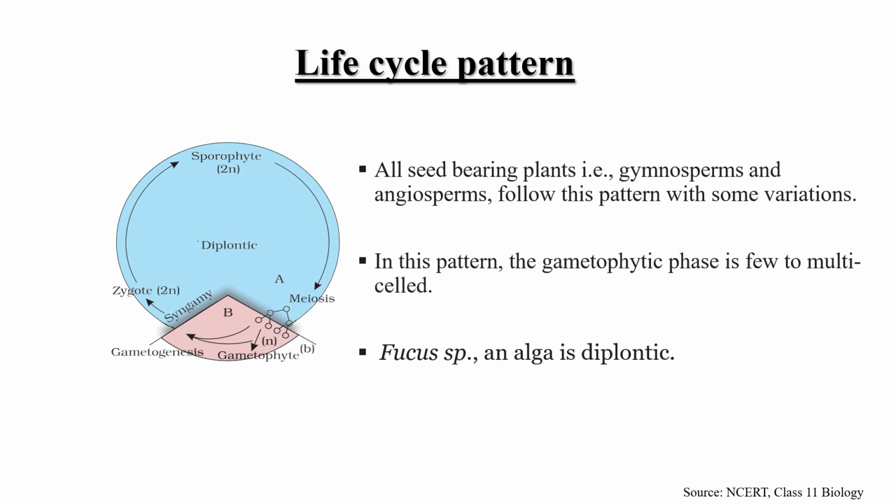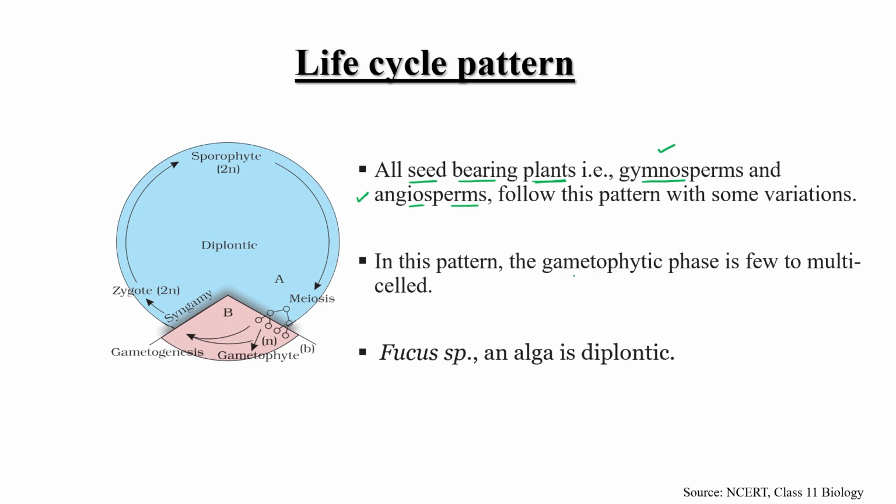The second type is diplontic, found in all seed bearing plants. Seed bearing plants means gymnosperm and angiosperm. Both are seed bearing, so gymnosperm and angiosperm follow this life pattern, diplontic.